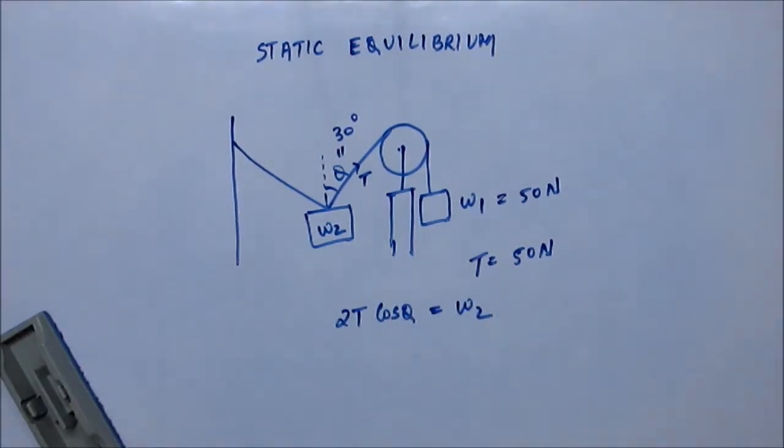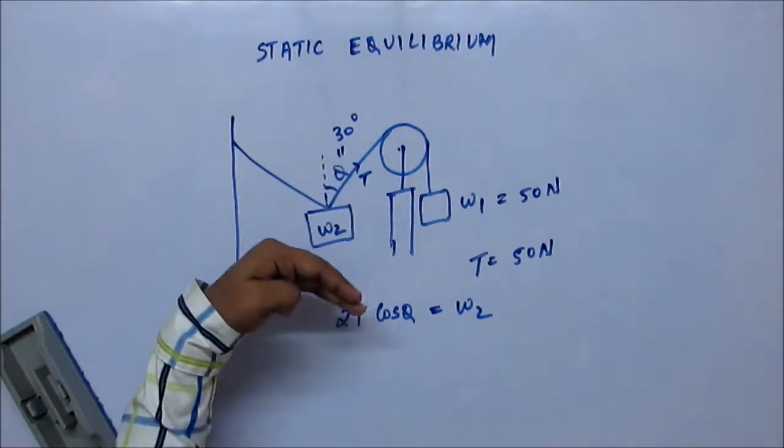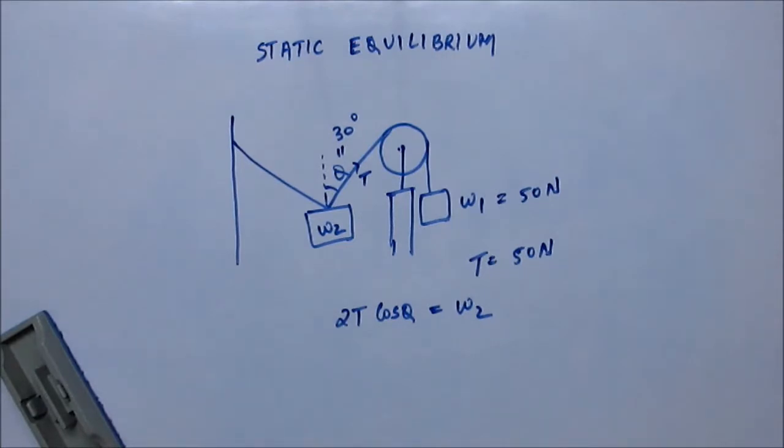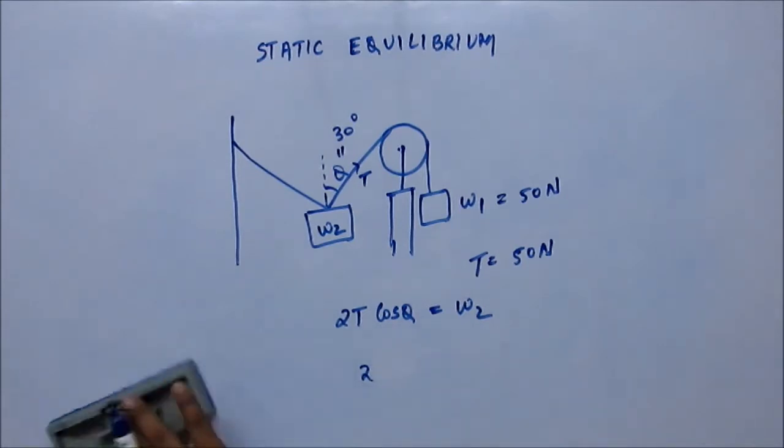And in the horizontal direction, since the strings are symmetrically placed, T sin theta and T sin theta will cancel each other. So W2 you can get from here very easily. Cos 30 degrees is root 3 by 2, and the value of T you have already found.